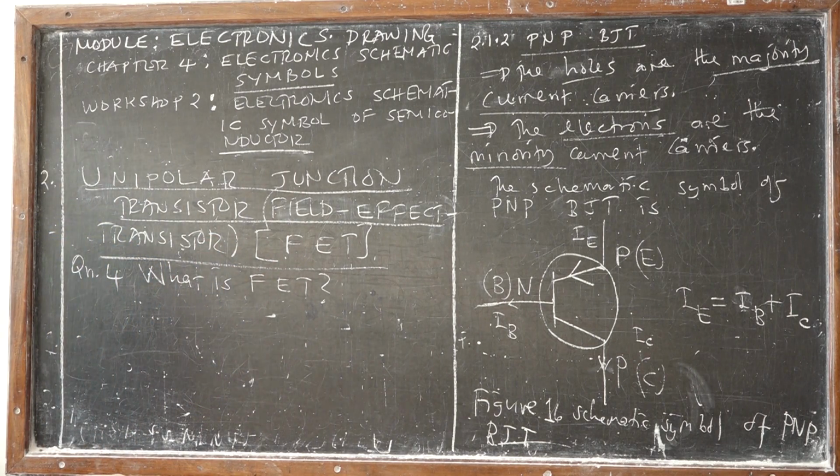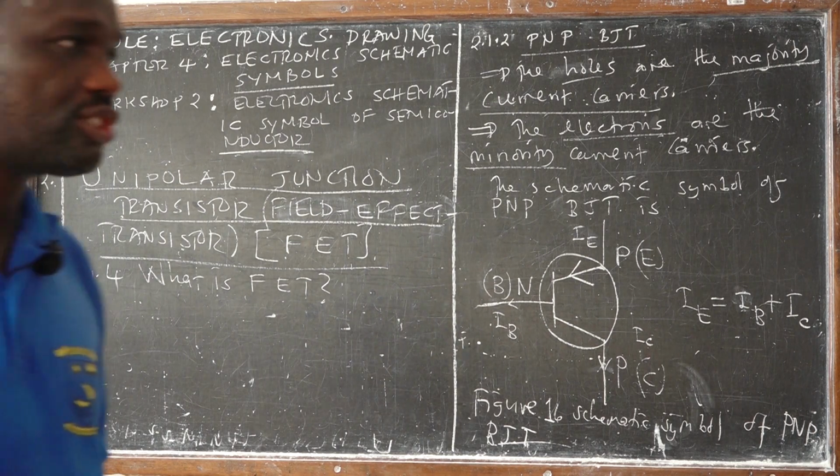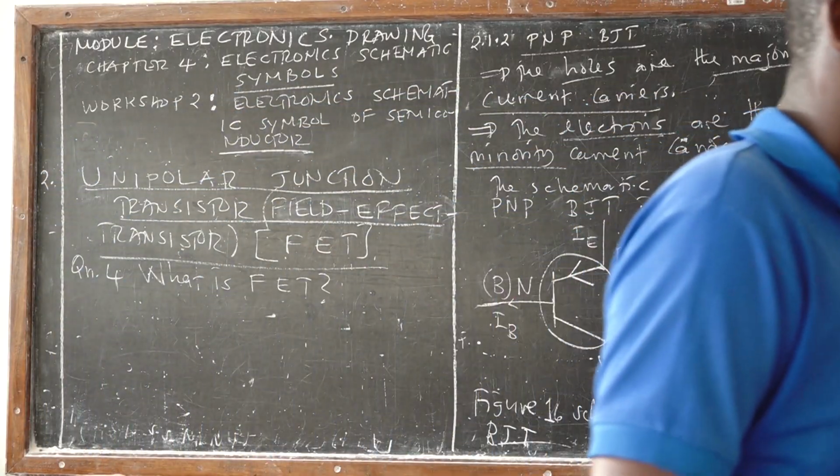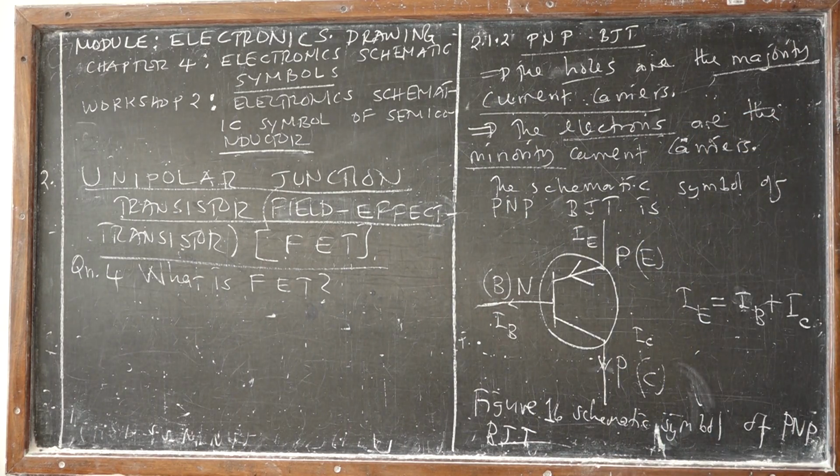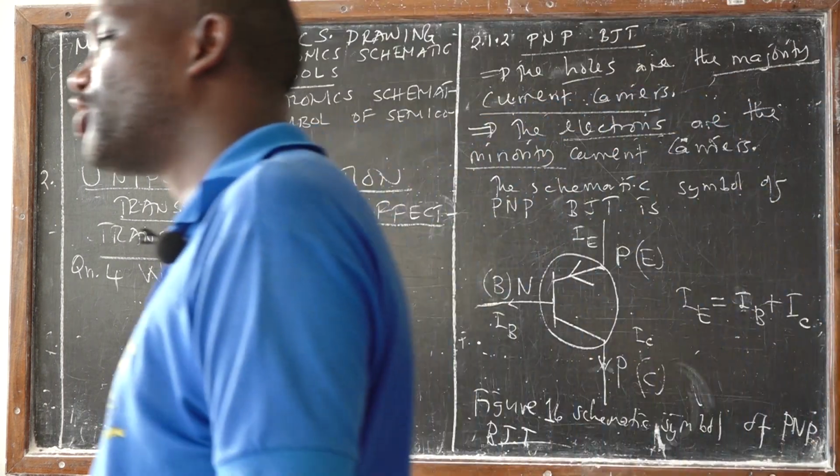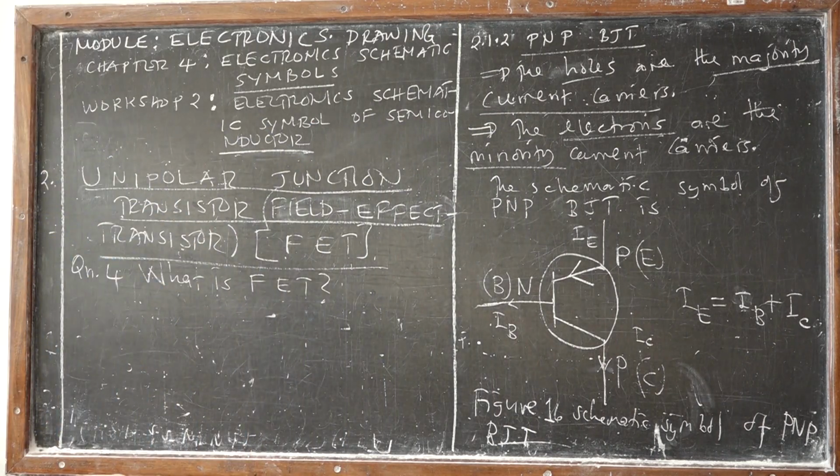What do uni or mono, and bi or di mean? For the bipolar junction transistor, it's a type of transistor which conducts electricity by using electrons and holes as carriers.